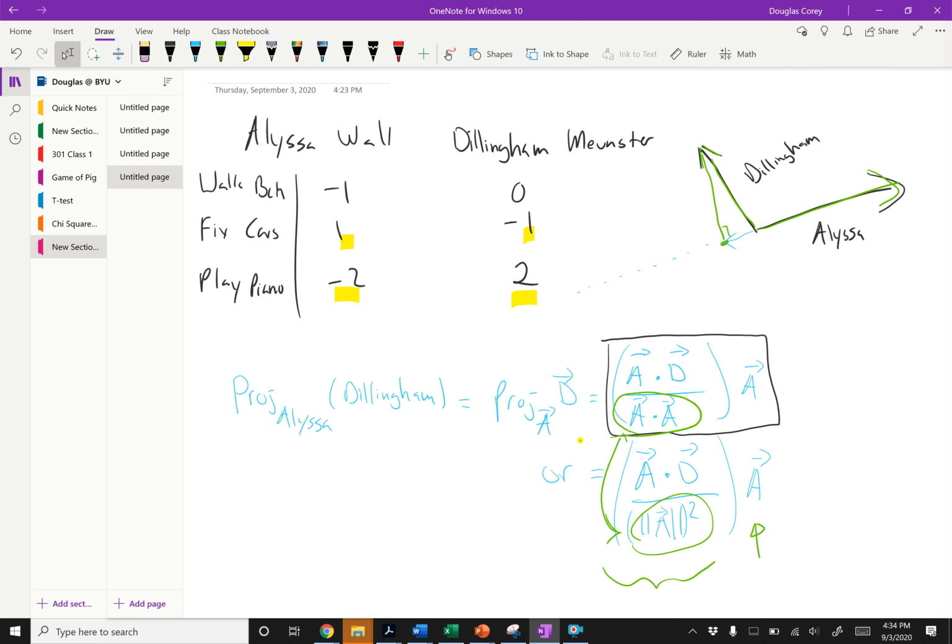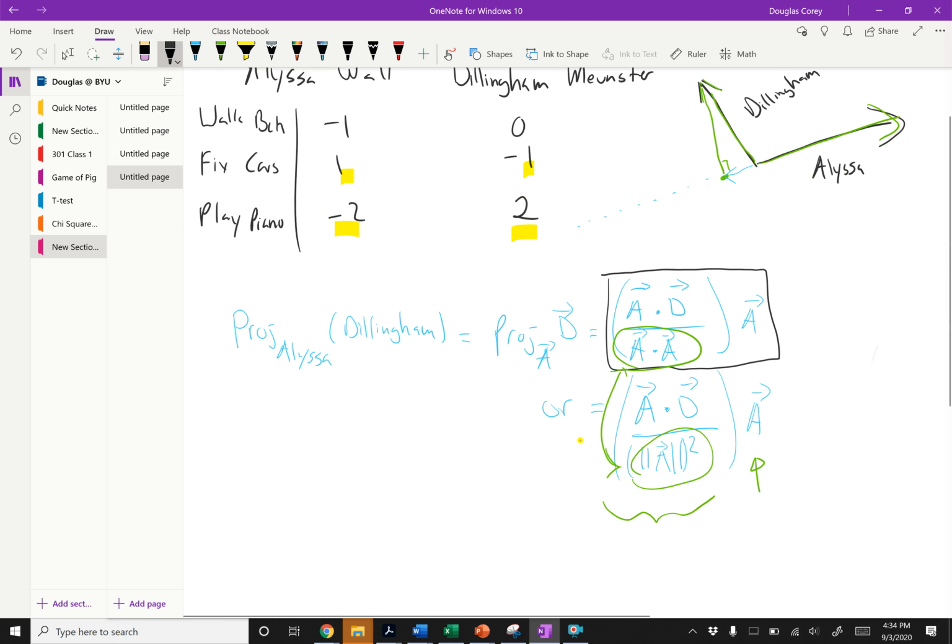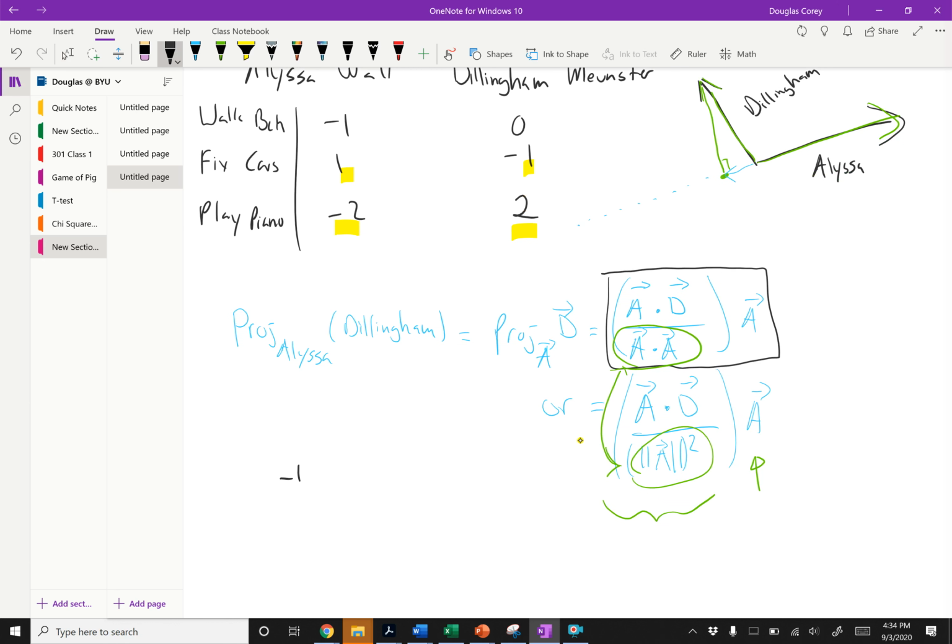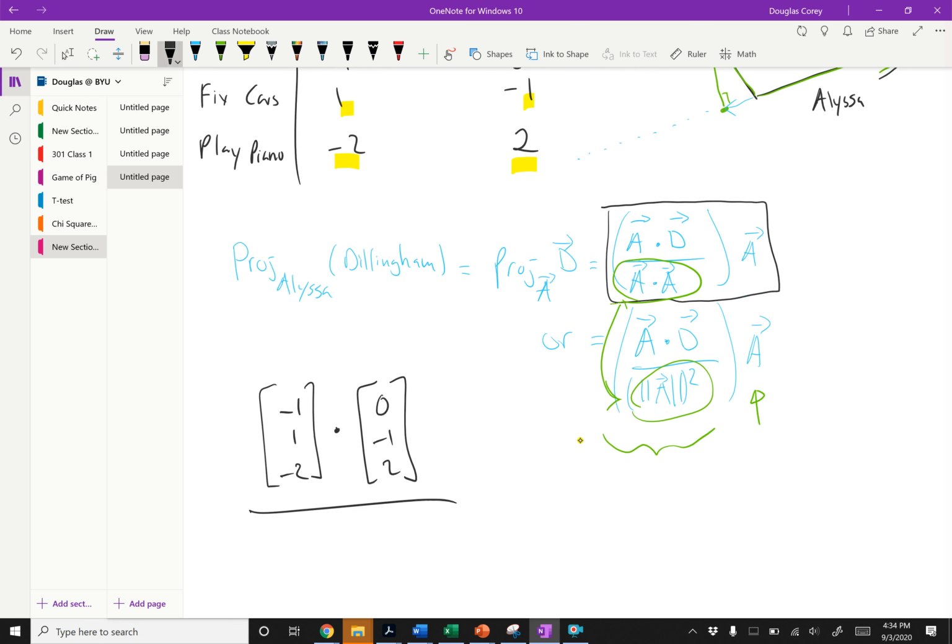So I'm going to start by finding the dot products. So (-1, 1, -2) dot (0, -1, 2), divided by (-1, 1, -2) dot (-1, 1, -2).